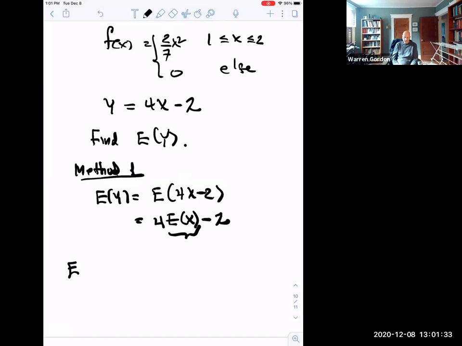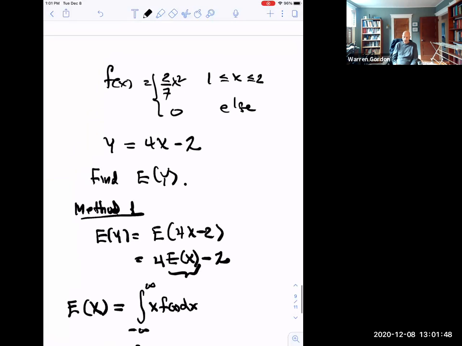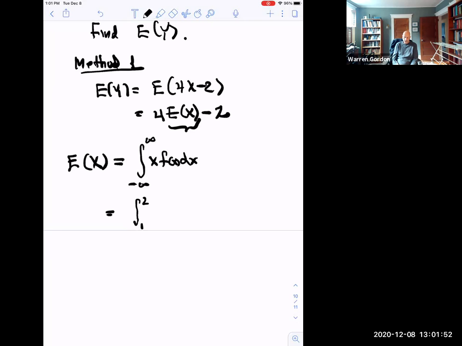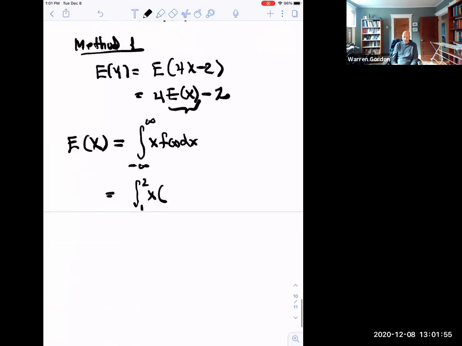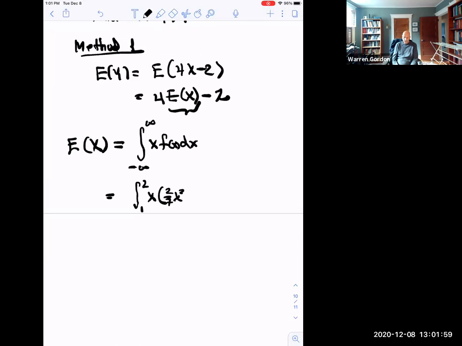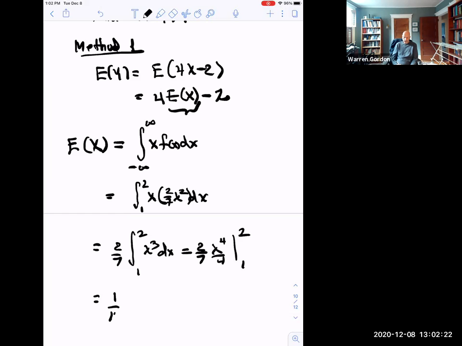Well, E of X is just equal to the integral of x f of x from minus infinity to infinity, which in this case becomes from 1 to 2 of 2/7 x cubed dx, or 2/7 x to the 4 over 4 from 1 to 2, which gives me 1 over 14 times 2 to the 4th is 16, 16 minus 1 is 15.